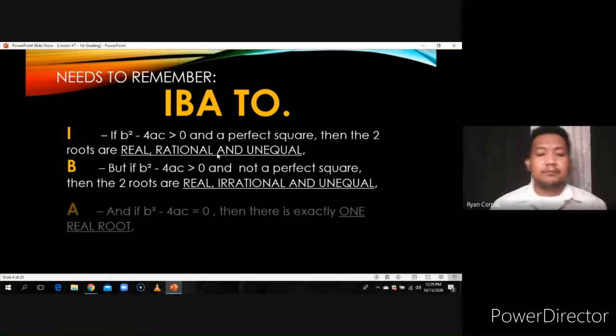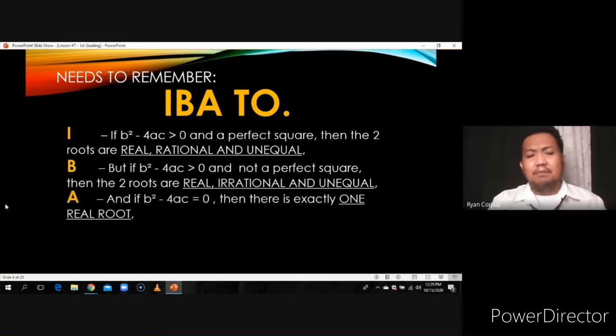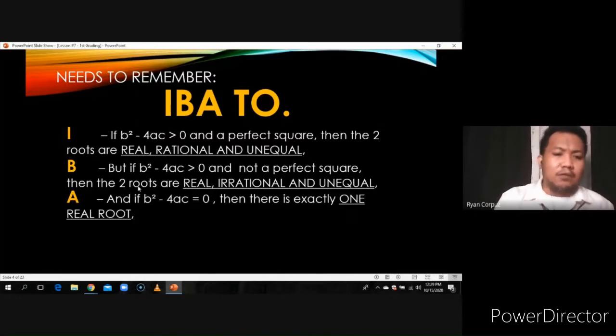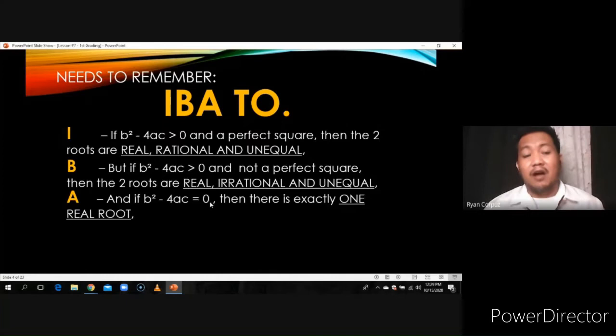Then third, it says here, if b squared minus 4ac, or again, the discriminant, is equal to 0, then there is exactly one real root or one real solution. So why one real root? If a given quadratic equation's discriminant is equal to 0, then the solutions to that quadratic equation are the same.